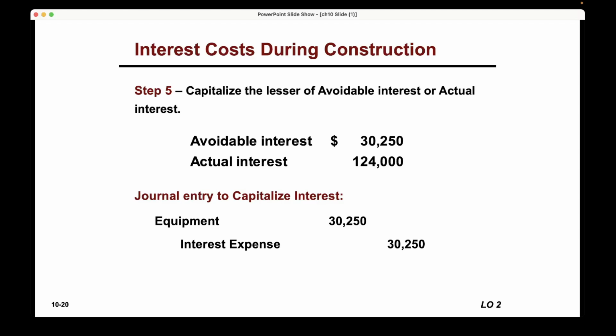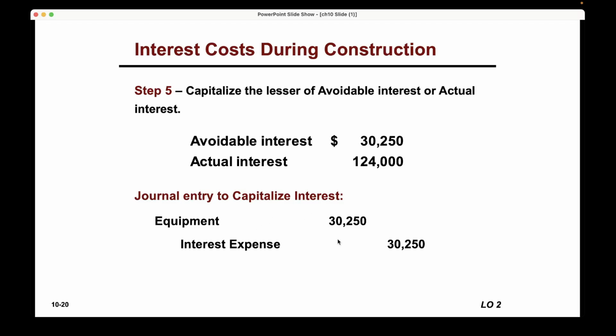This process ensures that only the necessary and relevant interest costs associated with the construction of the asset are added to its value on the statement of financial position. The rest of the interest, if any, remains as an expense on the income statement.